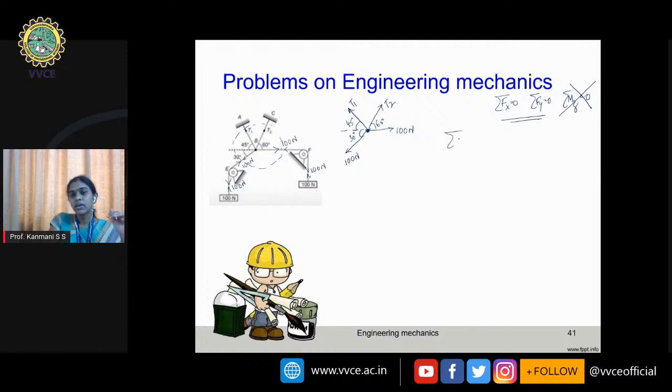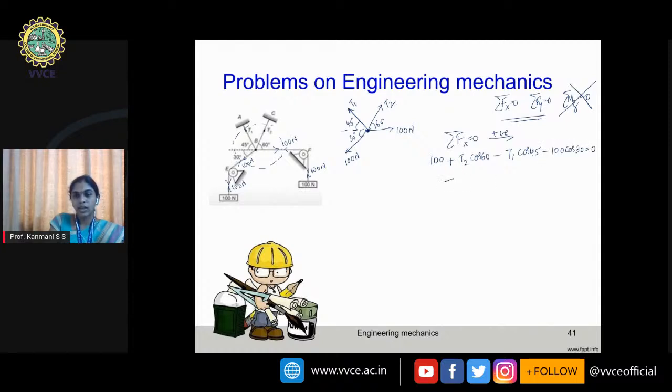So I will take the first equation, summation Fx equal to 0, rightward force is treated as positive. For that case, I will apply here the horizontal component of T2, plus T2 cos 60. T1 is moving towards left, so minus T1 cos 45. 100 Newton is moving towards left, so minus 100 cos 30 equal to 0.